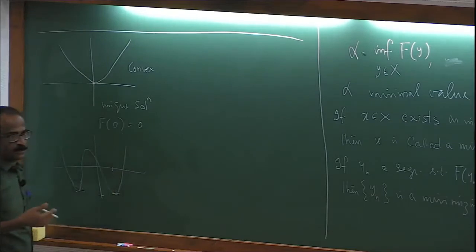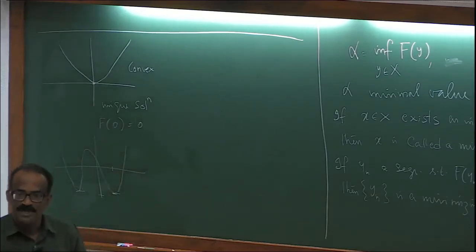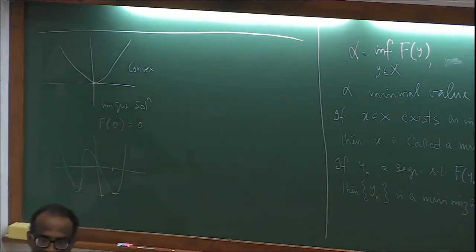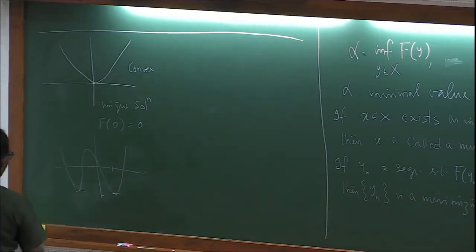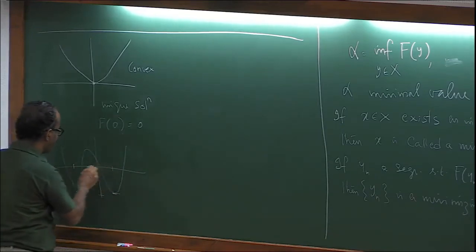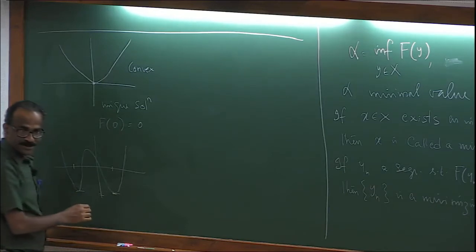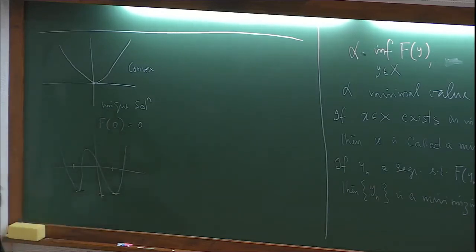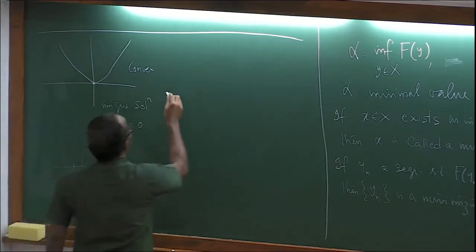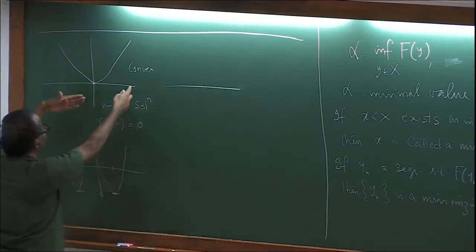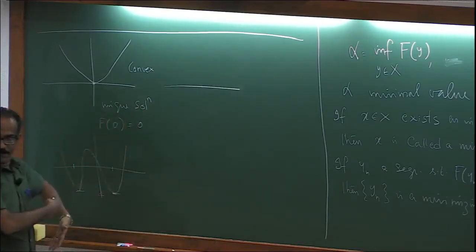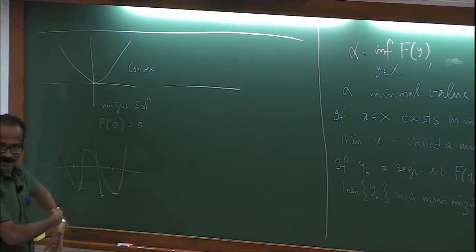If you are familiar with some convex analysis, that is good enough. Typically it's convex analysis you have to study. So you have two minimal points in this case. These are the minimal points, and this is your minimal value. So you lose convexity and you have that. Another picture: if you don't have convexity, you lose uniqueness.